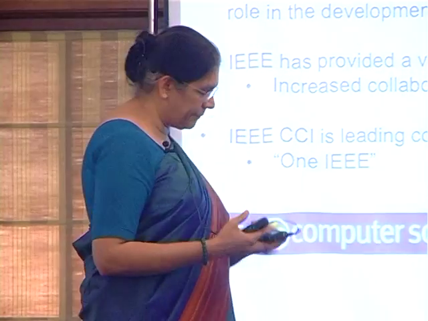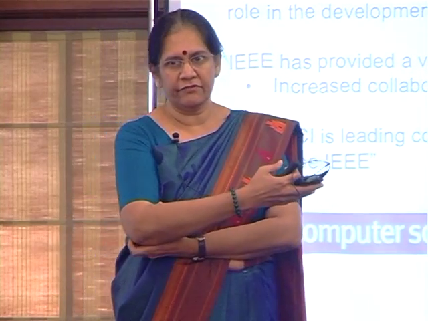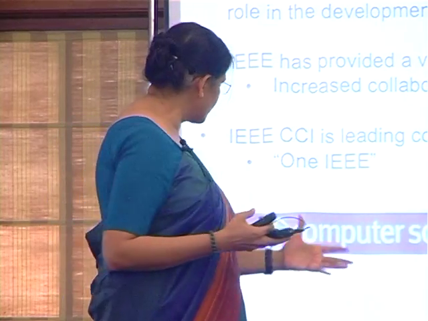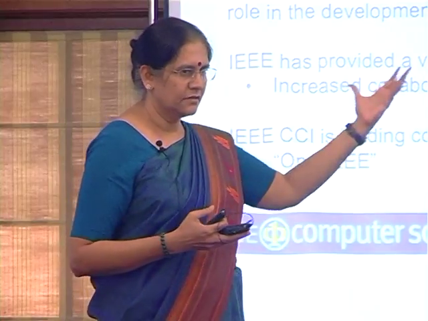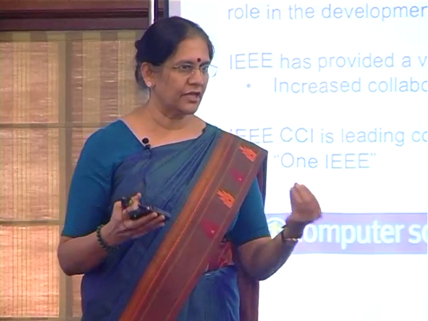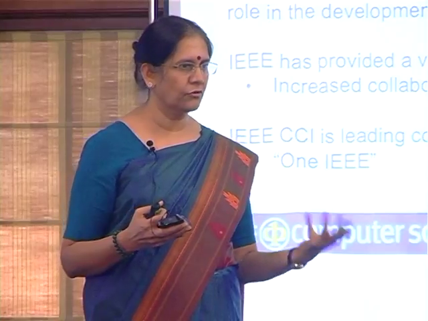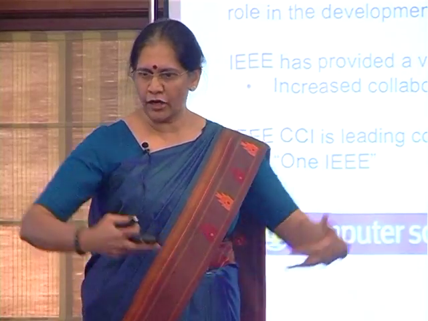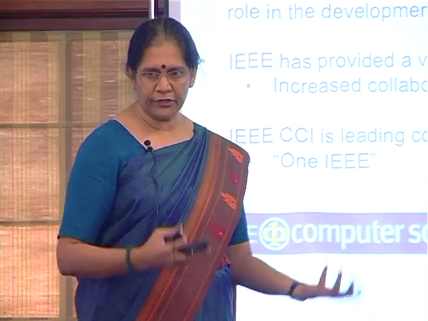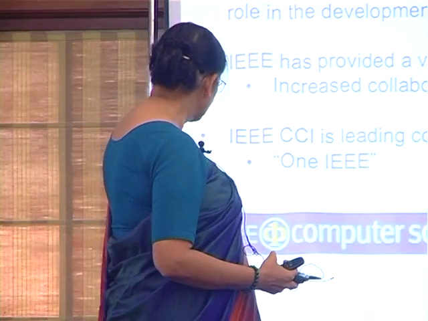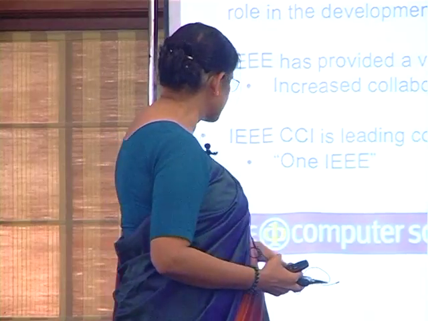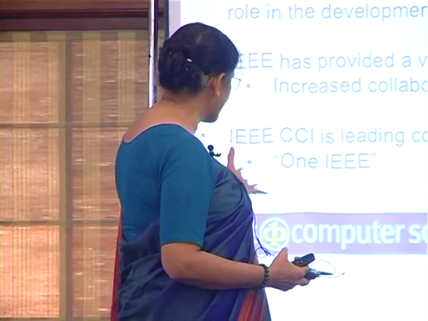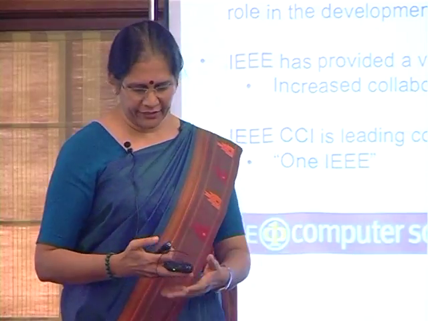And so IEEE started the cloud computing initiative, and the first thing they did was, the perception with them was that all these societies which exist are all going to be touched, they have something to contribute to cloud computing. So they brought in people from all of them who collaborated and contributed to create the cloud computing initiative, right? So from the power and energy society, the systems, reliability, consumers, standards, communications, computer society, they all came together and they have created the cloud.